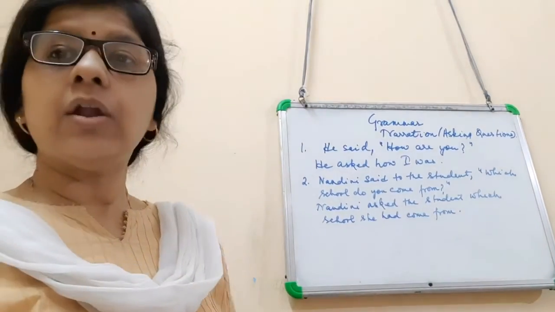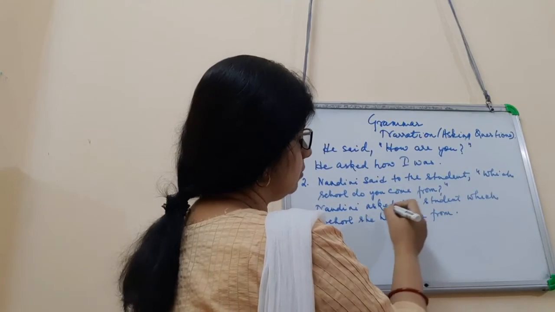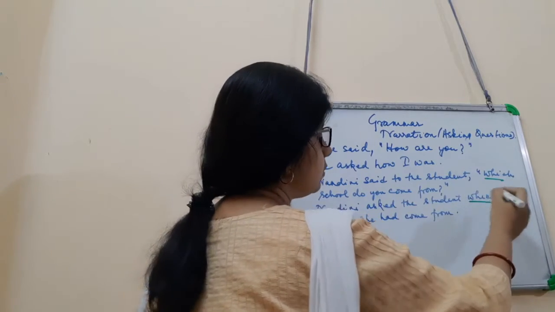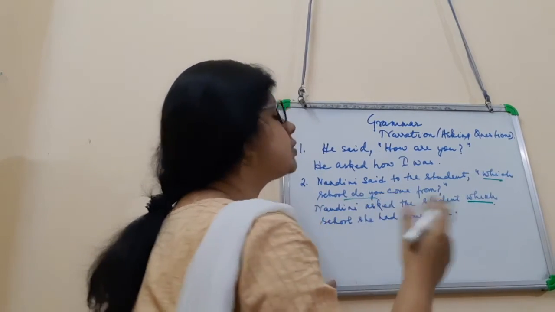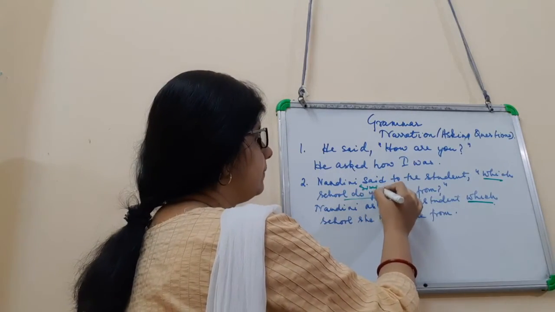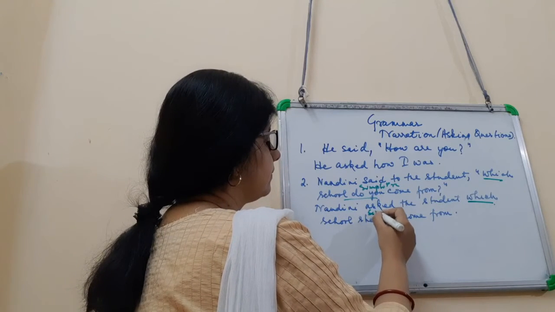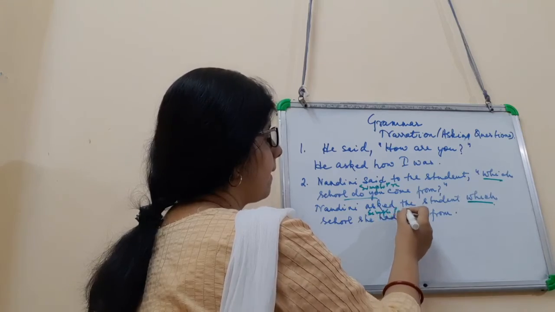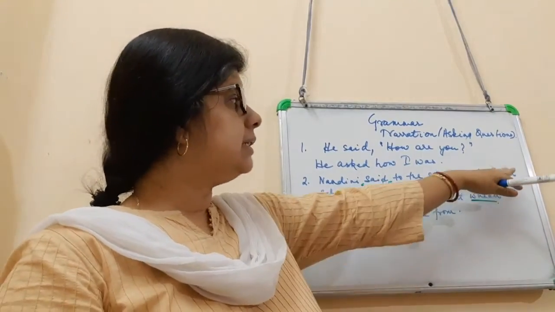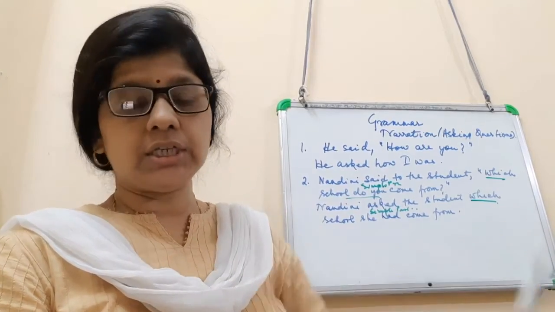In this we are not using any extra conjunction that as we use in statements, and which remains which. Which school do you come from is in simple present tense. It changes to simple past tense, and the WH word remains the WH word.